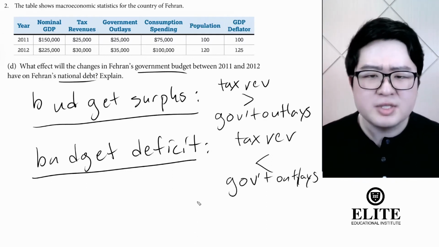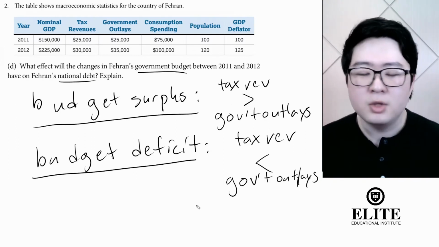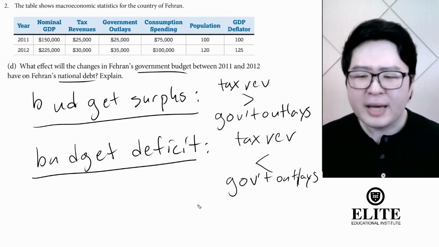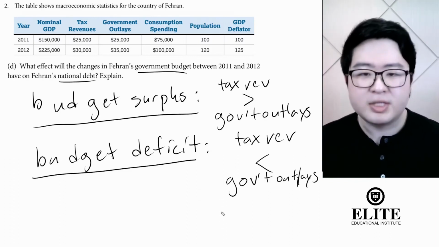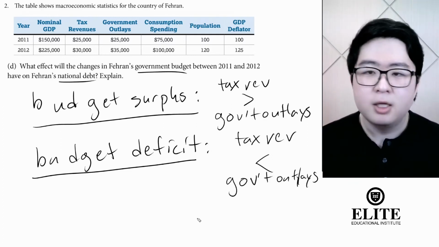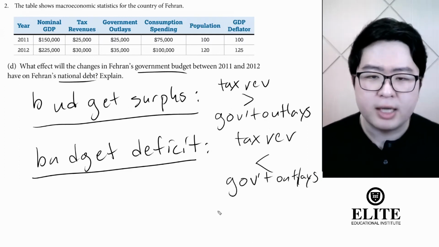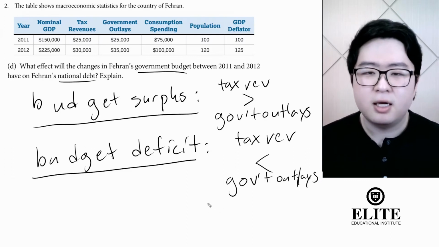Right? A budget deficit means that at the end of the year, the government doesn't have enough money to pay all its commitments, to fund all of its outlays, right? And in order to fund all of its outlays, it needs to borrow money, right? And it can do that in a number of ways, which you should have learned in your macro class. But if it does need to borrow money, of course, it means that the national debt is going to go up, right?